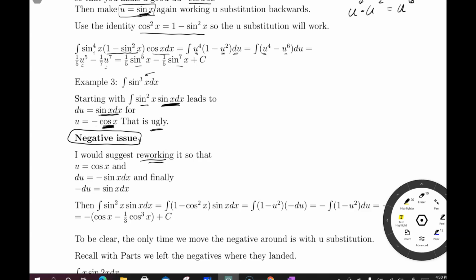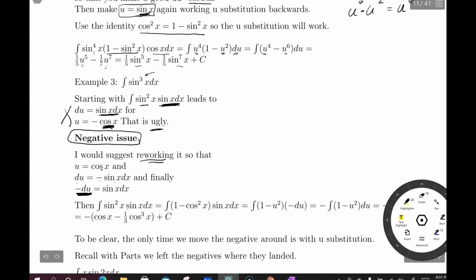So what I'm going to suggest is when you see that you've got du is sine of x dx, you stop and you say, okay, I'm going to let u equal cosine, du is negative sine, and then I'm going to put the negative out here by the du that's equal to sine of x dx. That's what you're used to, letting u equal a positive when there's no negative in the problem, correct? Okay, so let's see what we've got going on here.